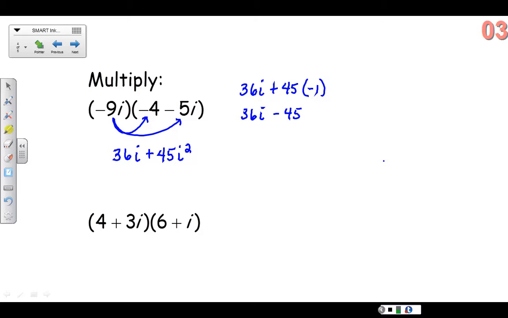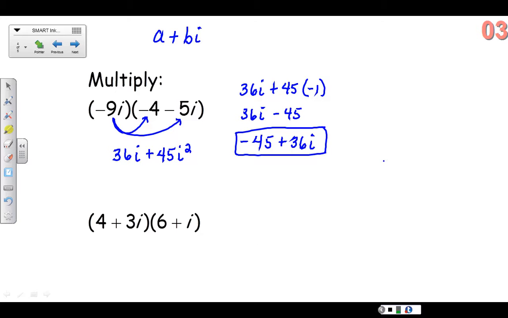It's always a plus bi form, if you remember that from the previous slide, the real part first. So in this case, that's -45 plus the imaginary part, positive 36i. That's how you would write it the correct way.